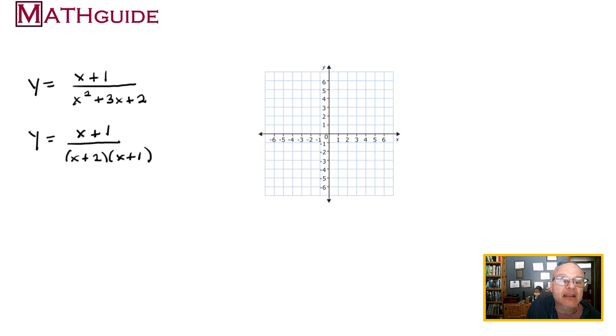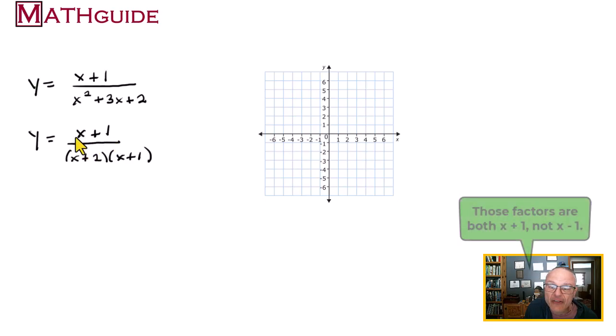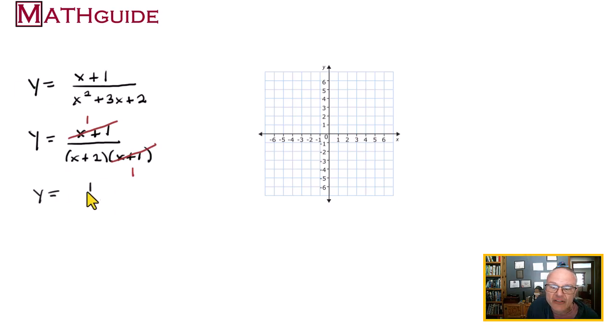Let's see, can I get red going? Let's try it. So you'll notice that the factor in the numerator, x minus 1, matches the x minus 1 in the denominator. So now when you're looking at this rational function, it looks like this after you get rid of the common factors.